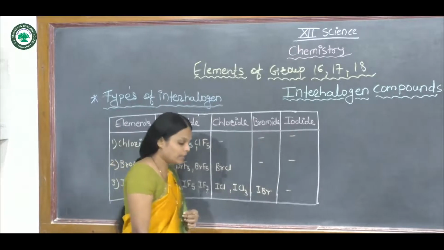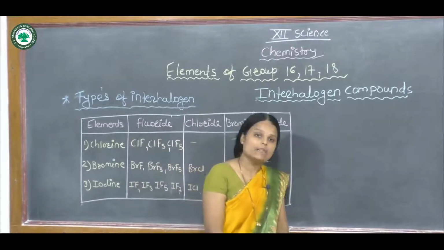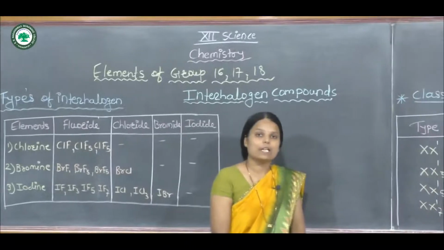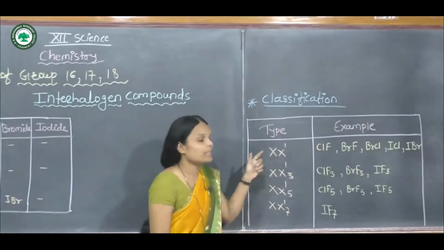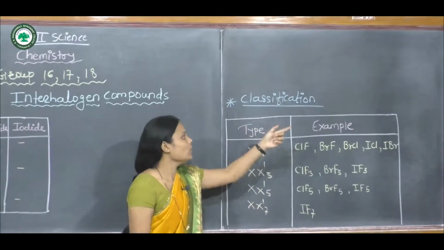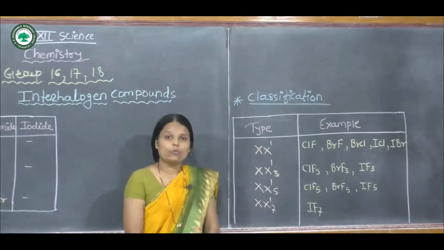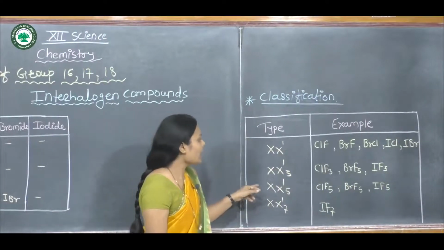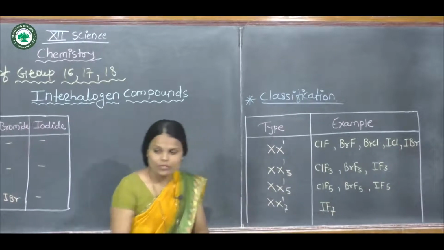Now in this interhalogen compound, the new topic is the classification of interhalogen compounds. Let's see the classification. Here is the table. There are 4 types. The first one is X X dash.